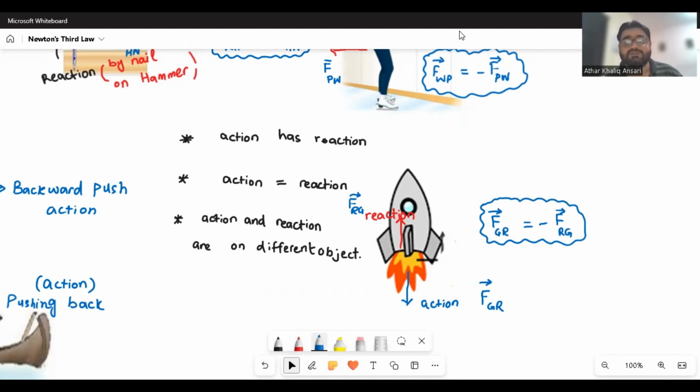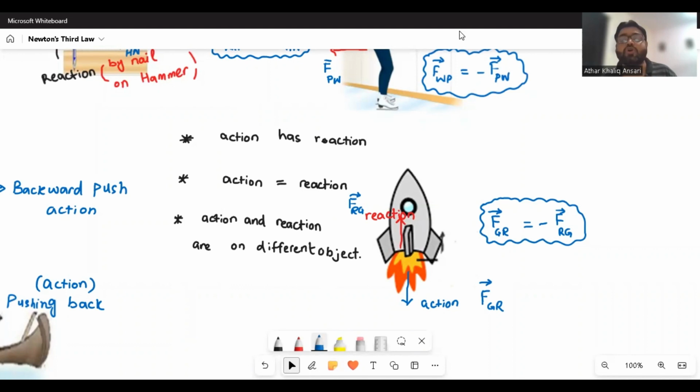I will just remind you that Newton said, to every action there is an equal but opposite reaction. Action and reaction are equal, but they act on two different objects. To write an action, you choose the letter F with the subscript by the object and on the object, using one alphabet letter for each.